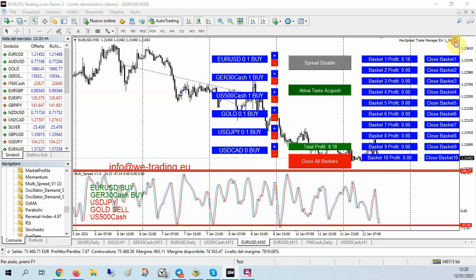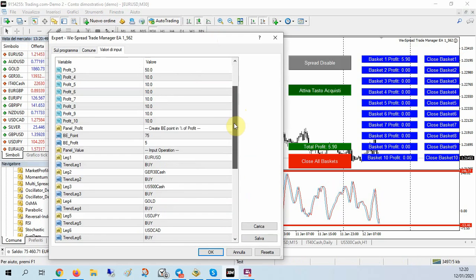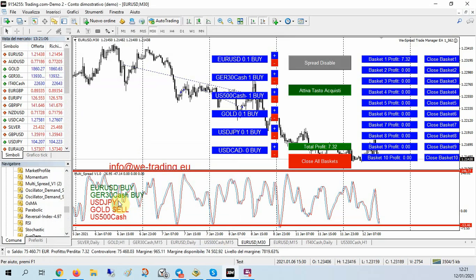Okay, in the parameters of this instrument we will remove dollar yen and SP 500, so we can insert simply a bad name, and in this way we will be able to trade in the correct way. So euro dollar buy, DAX buy, gold sell.